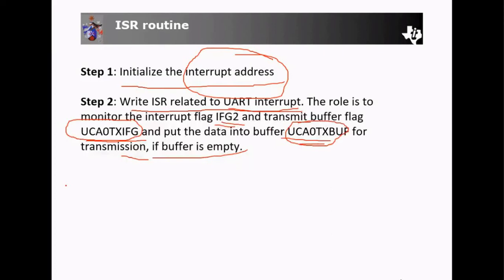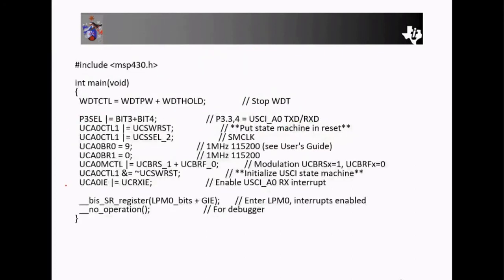Now we can discuss the program, how you can write it. As an example, I'm showing that. Try to understand. It is a little bit difficult, but if you understand, it will feel easy.